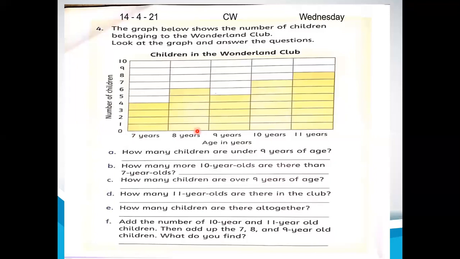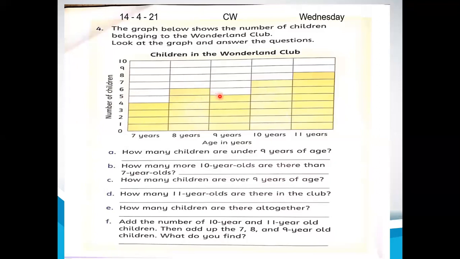Then come to 8 years. How many students here? 1, 2, 3, 4, 5, 6. See, here 6 students have 8 years age. Then come to 9 years age. How many students have 9 years age?